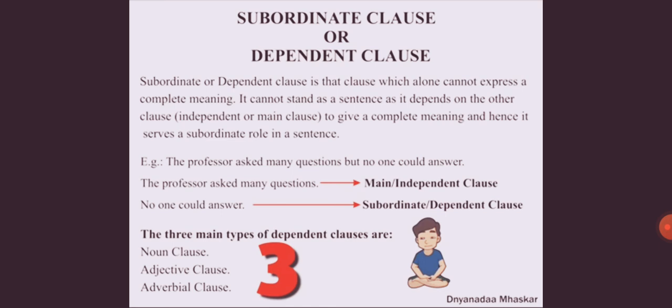Whereas no one could answer is a subordinate or dependent clause, as it doesn't make any sense on its own, as we need more information as to whose questions or what questions couldn't be answered. But the moment we add the main clause, it makes complete sense. The three main types of dependent clauses are noun clause, adjective clause, and adverbial clause.